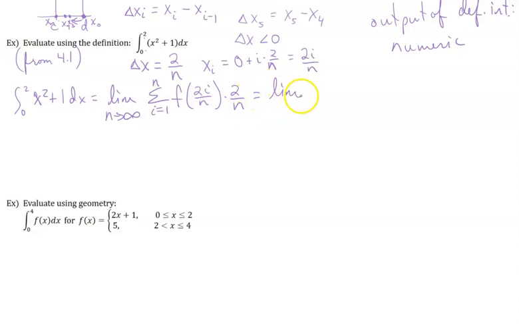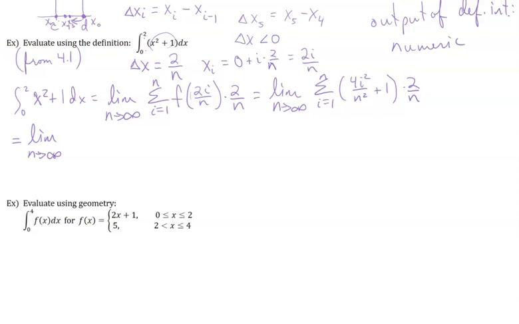All right, so using correct notation, all of this stays the same, and then I'm going to evaluate f of 2i over n. So I'm plugging 2i over n into f of x, which is x squared plus 1. So I get the quantity 4i squared over n squared plus 1. And I still have a 2 over n behind that, so I'm going to distribute, again using complete notation.